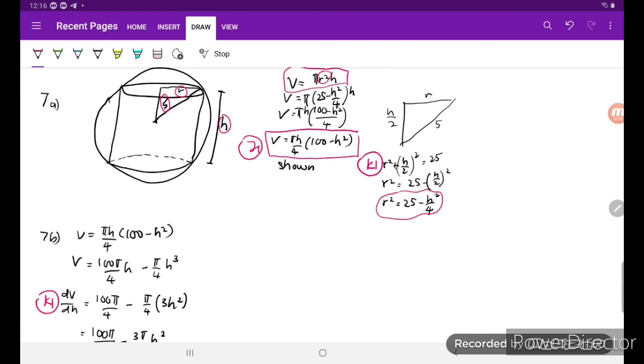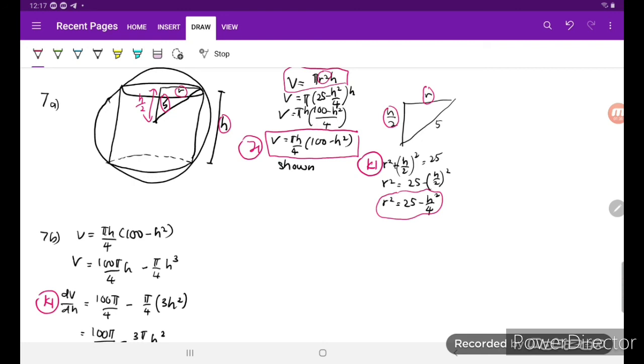So what we do is take the triangle inside the cylinder, take it out. So this is the radius of the cylinder, this is the height of the triangle, h divided by 2, because this one is h altogether, divided by 2 into half.